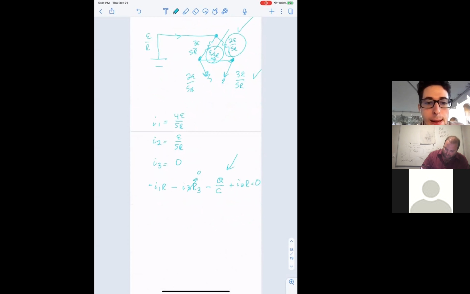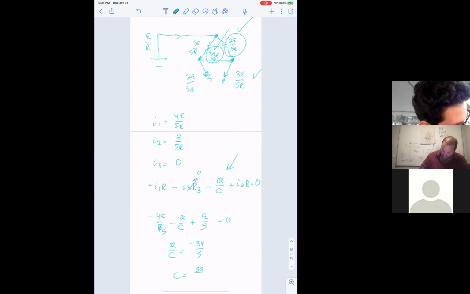So let's take a look. Negative 4E over 5 minus Q over C plus E over 5 is equal to 0. So Q over C equals negative. Oh, wait, I messed up. Okay, hold on. So that's negative Q over C equals 3E over 5.